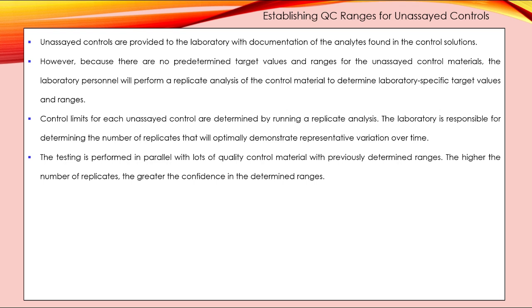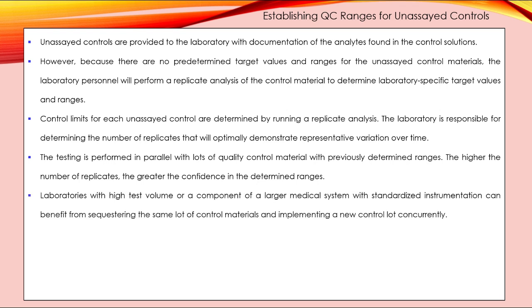The testing is performed in parallel with lots of quality control material with previously determined ranges. The higher the number of replicates, the greater the confidence in the determined ranges. Laboratories with high test volume or a component of a larger medical system with standardized instrumentation can benefit from sequestering the same lot of control materials and implementing a new control lot concurrently.